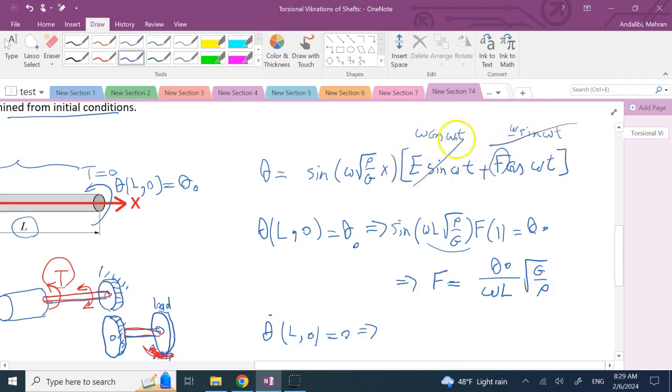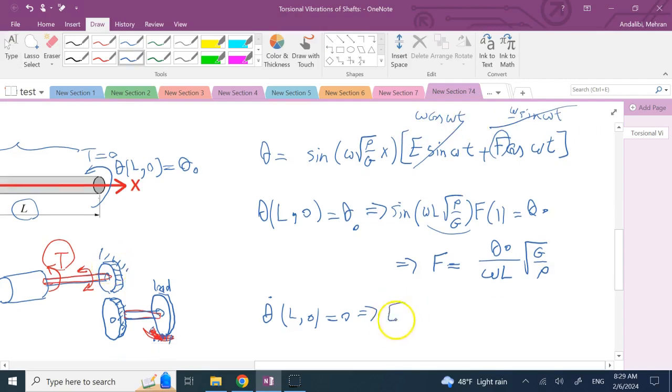You're down to E omega cosine omega t, and cosine omega t just becomes 1. And that still stays at sine of omega L square root rho over G, right? This whole thing should be equal to 0. And this sine omega L cannot be 0, omega cannot be 0, so the only solution is E has to be 0. And F is that.